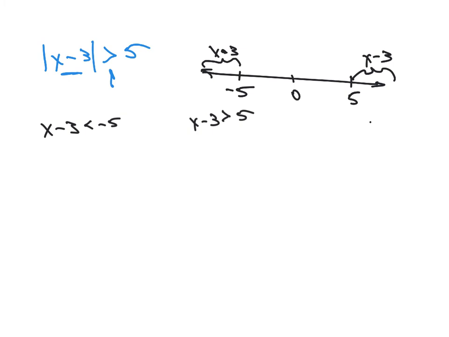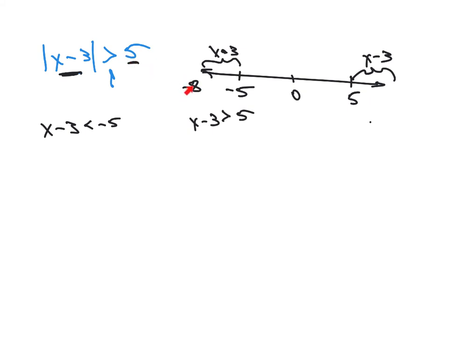So see what happens there. The absolute value is greater than 5 units from 0. So that means that x minus 3 has to be a number to the left of negative 5 so that the distance between 0 and that number is greater than 5. So let's say that x minus 3 is negative 8. The distance between 0 and negative 8 is 8, and that's greater than 5.